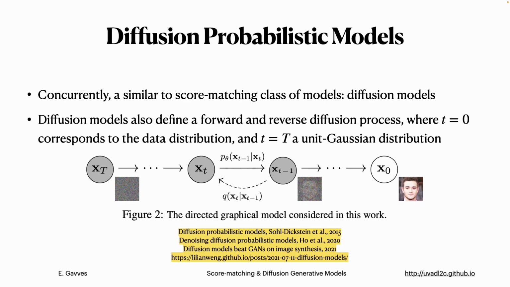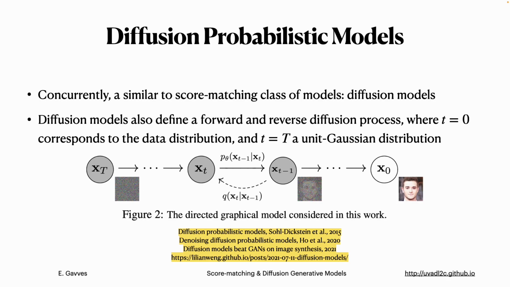Here again, t equals 0 is the data distribution. t equals capital T is the prior distribution, the noise distribution. You've got a forward process, where you're computing your conditional from any time step t to t minus 1, and a variational, parallel distribution from t minus 1 to t.